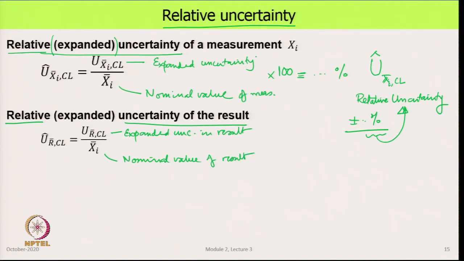This was for a measurement, this is for a result. Again, as before, you can multiply this by 100 and express it as a percentage, and because these deal with expanded uncertainties, all of these have to be reported at some confidence level.